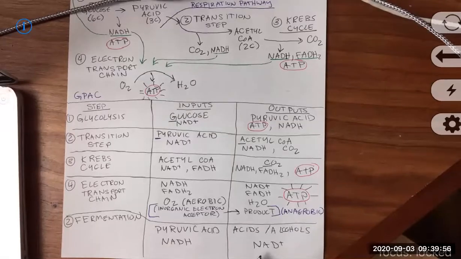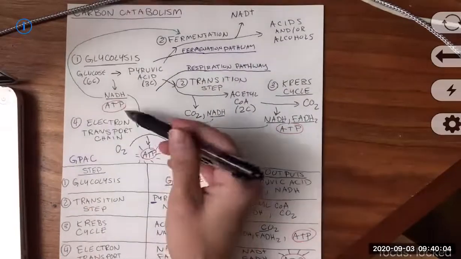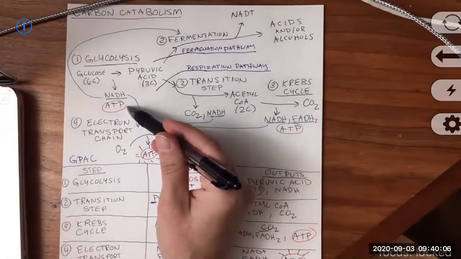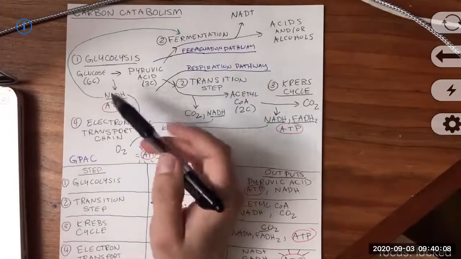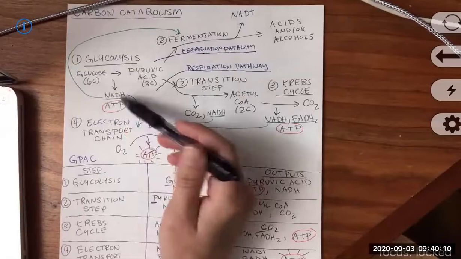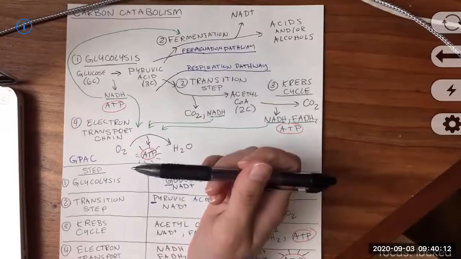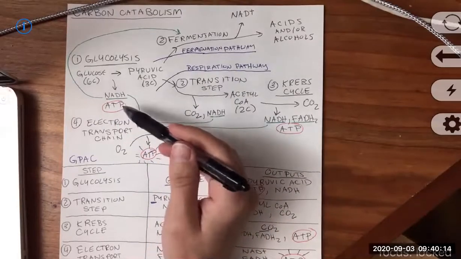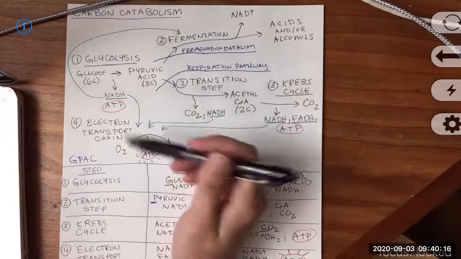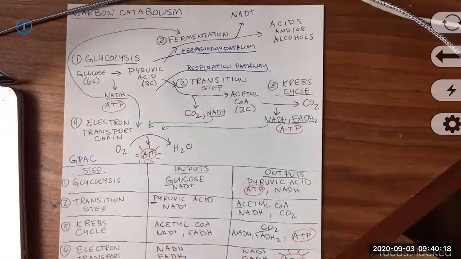And you notice that fermentation itself didn't generate any ATP. And so the only ATP available to an organism that is growing through fermentation will be this ATP that was produced during glycolysis. And if you remember, there's only 2 ATP produced for every 1 glucose molecule. And so this is a much smaller amount of ATP produced through fermentation than there is if an organism is able to undergo respiration.